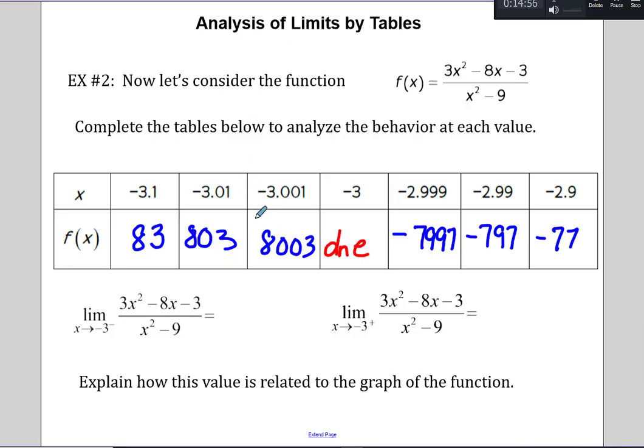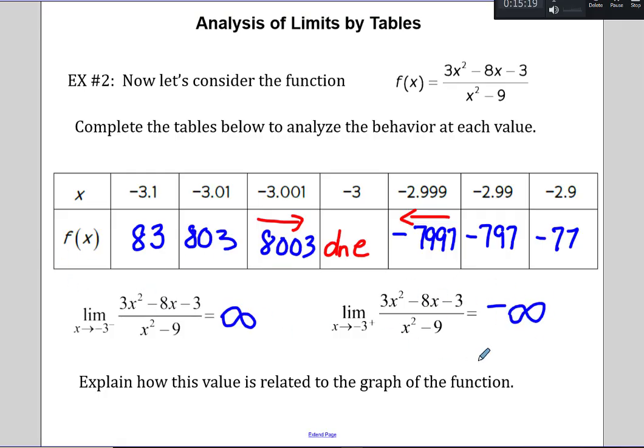So as we approach -3 from the left and from the right, you see the behavior? It's growing unbounded, very large, increasing upward toward infinity. And from the right, we're getting unbounded, but in a decreasing fashion to negative infinity.